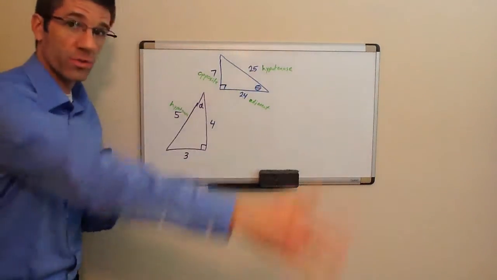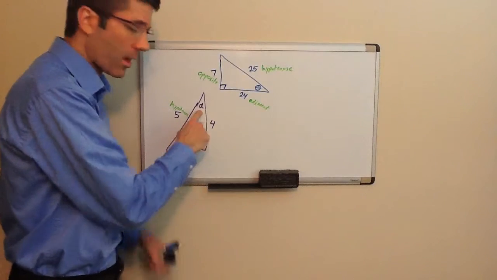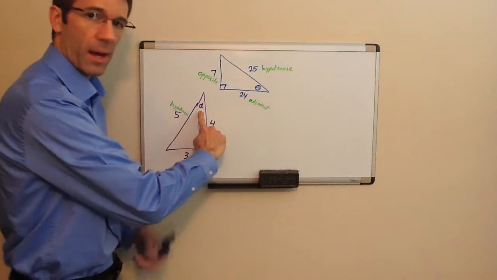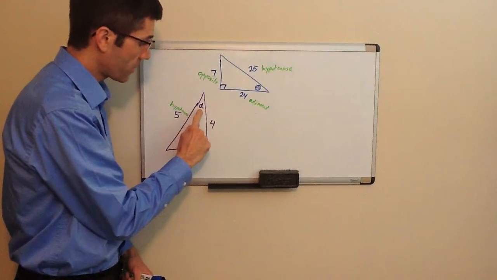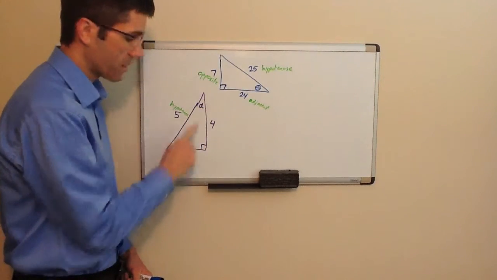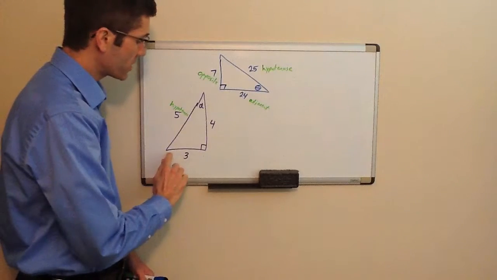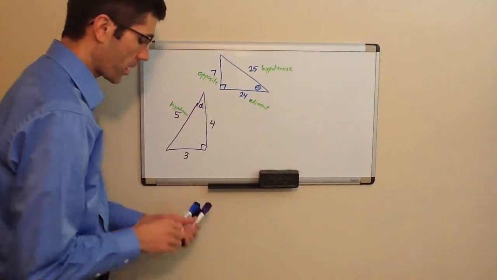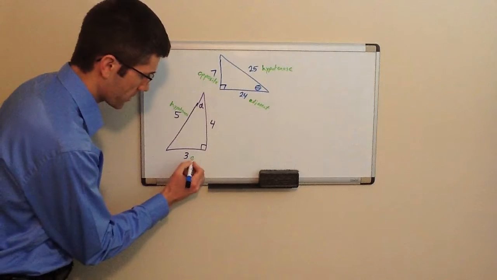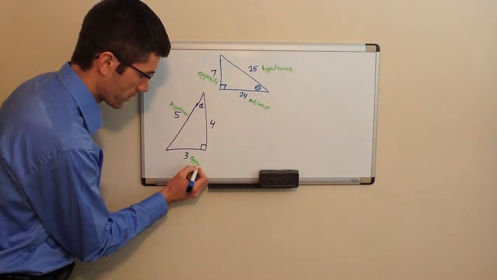Opposite is across from. If this is my angle, then what is across from my angle? Well, the 4 is beside my angle. The 3 is opposite. It is across from it. This side right here never touches that angle. So I'm going to call this one opposite.